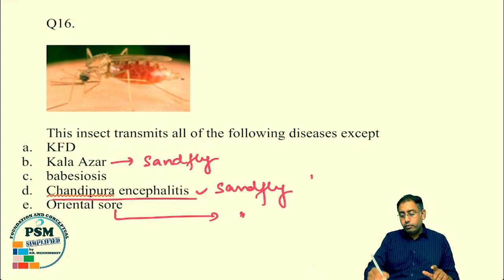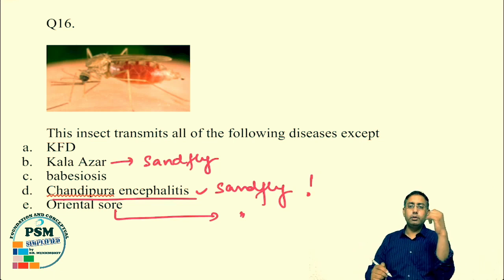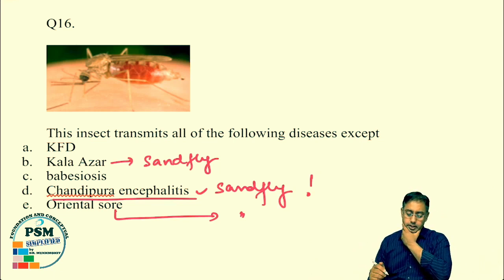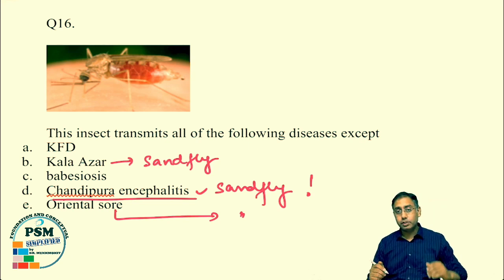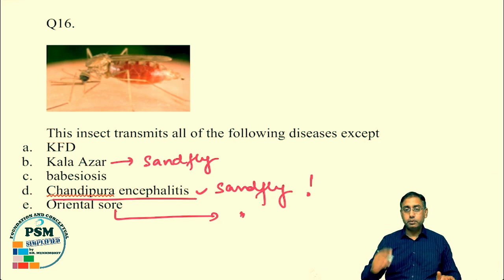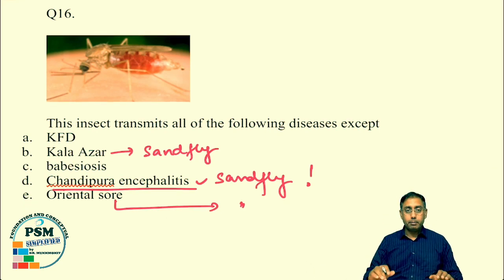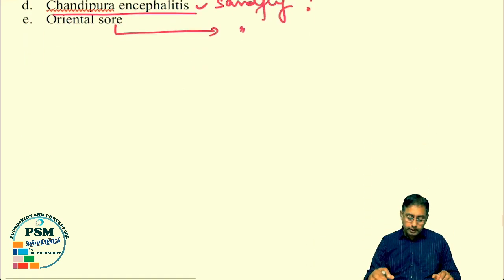So that is something new for students to learn. This was a new inclusion in the AIIMS paper; Chandipura encephalitis was a new question for us all. So that was one option which you can remember, right?